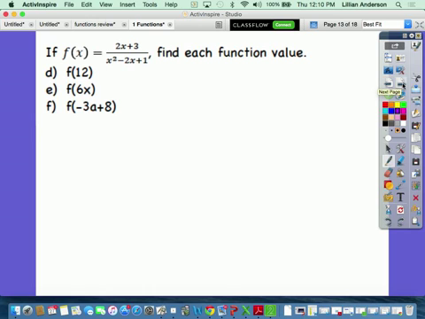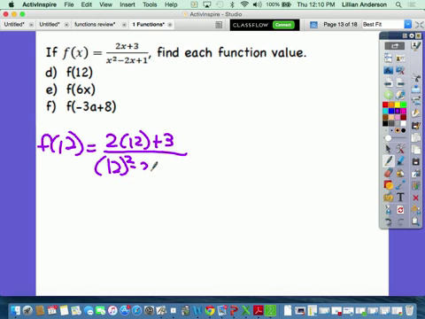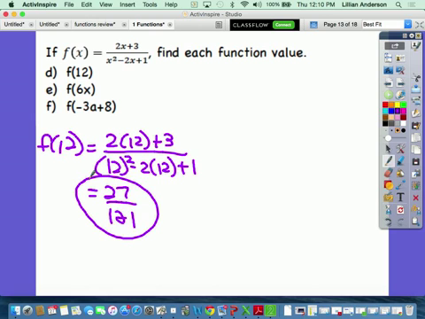On the next one, f of 12, when you plug 12 in and simplify, did anyone get this one?